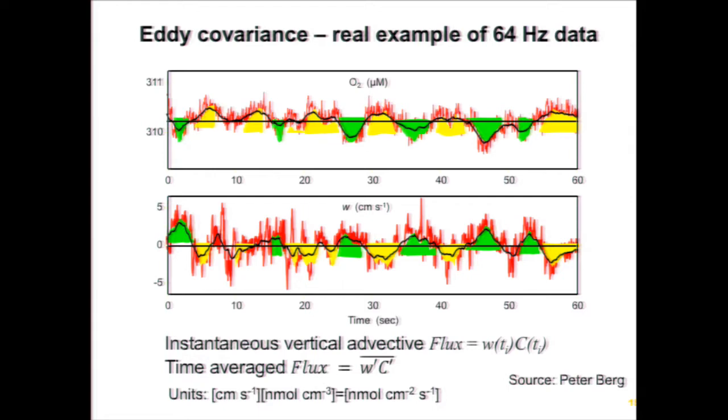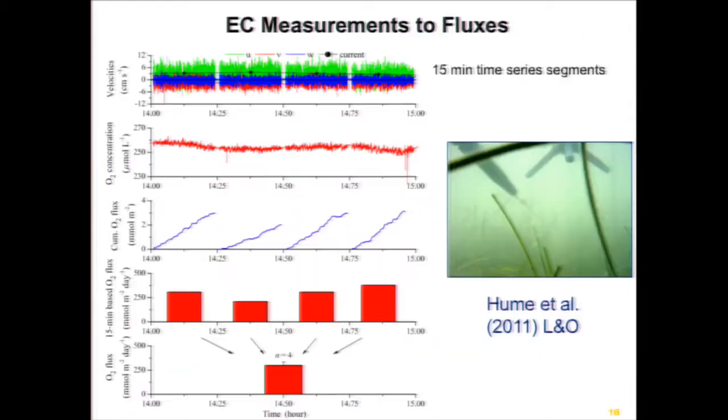And this is a case where the bed is an oxygen sink. What you're seeing is the effect of eddies passing by the sensors. Eddies that have been in contact with the seafloor, those water parcels, have a little less oxygen as they move up away from the bed than those that are moving down towards the bed. And so we take a time average of these variations to arrive at a flux.